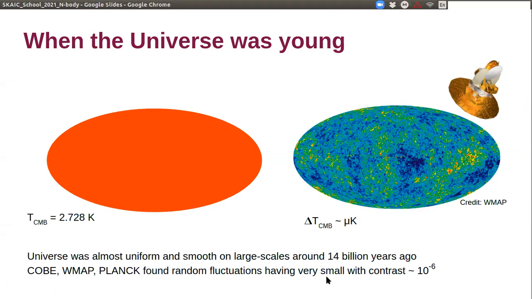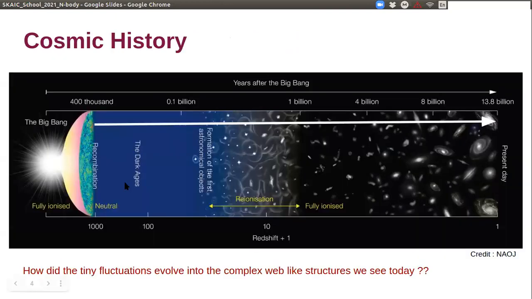So the contrast of the fluctuations is of the order of 10 to the power minus 6. They are very small. So the question we have right now is, how do we get into this large clumpy structure starting from a universe where the perturbations are very small?